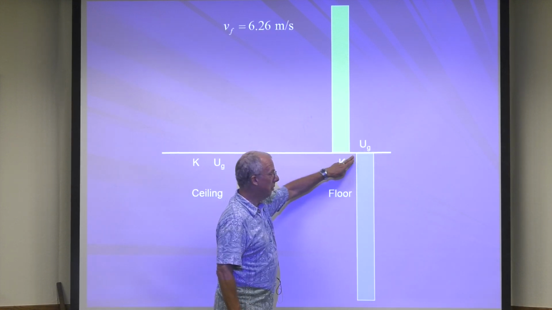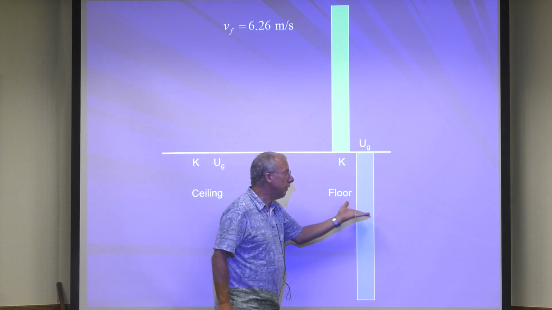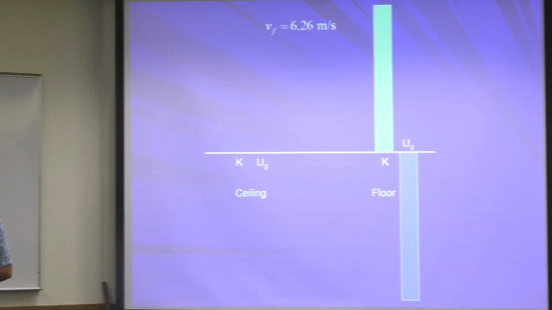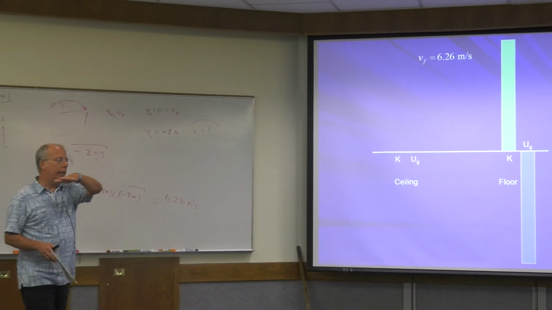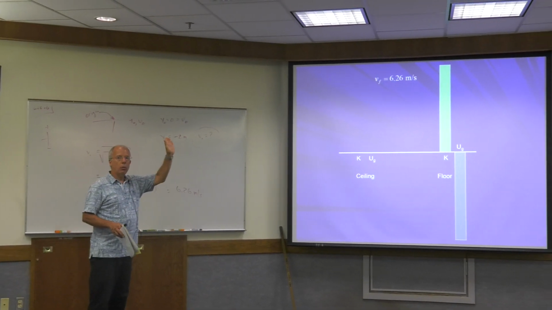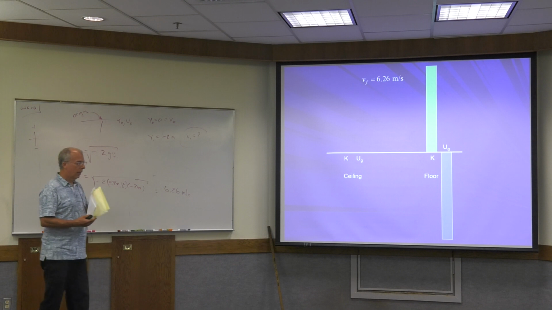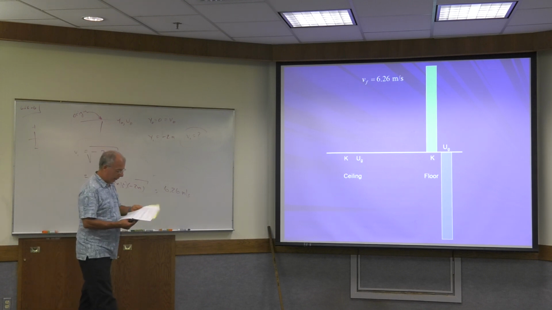So the potential energy was negative and kinetic energy is positive. Who cares if it's negative? Because all we care about is delta U. So what's the bottom line here? You can choose your y equals 0 wherever you want to. It doesn't matter, because the only thing that's physically significant is delta U, the change in potential energy.